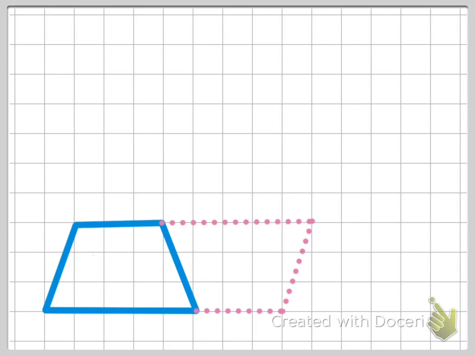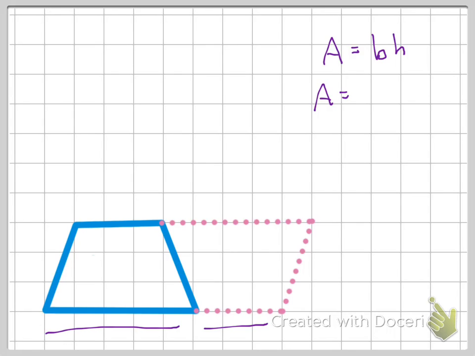And of course the area of a parallelogram is area equals base times height. Now the base of this parallelogram is the whole length. So we would have to add these two smaller bases together. So this smaller base is 5 plus this base of 3 would be a total of 8.